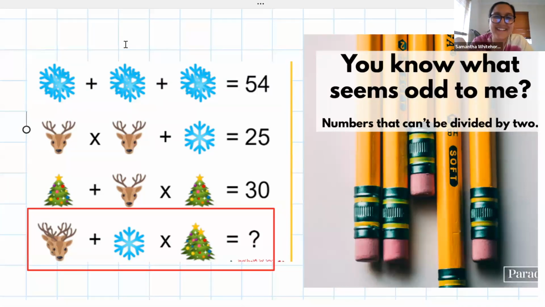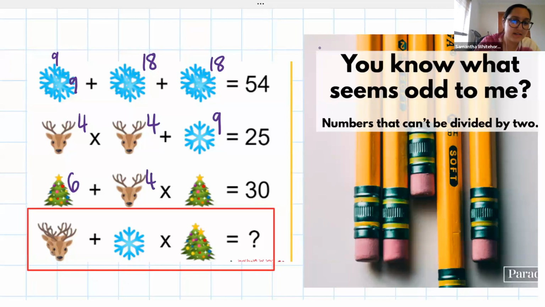So for the snowflakes, I said 54 divided by 6. Then I got 9 for each. Okay, so one snowflake is 9, so 2 is 18. Yes. Awesome. And then for the reindeers, I got 4.